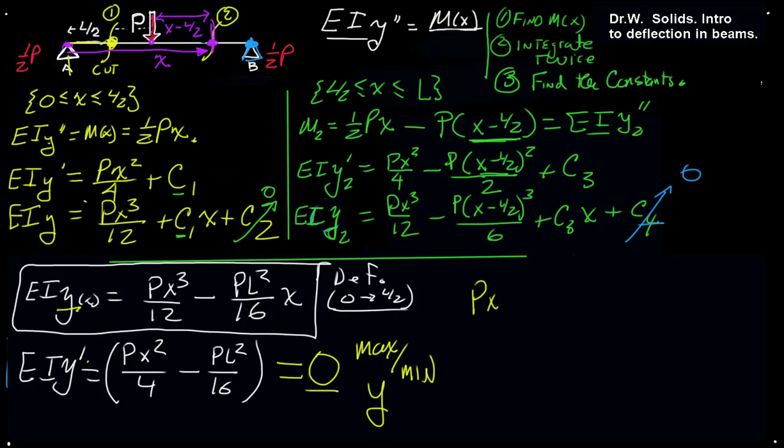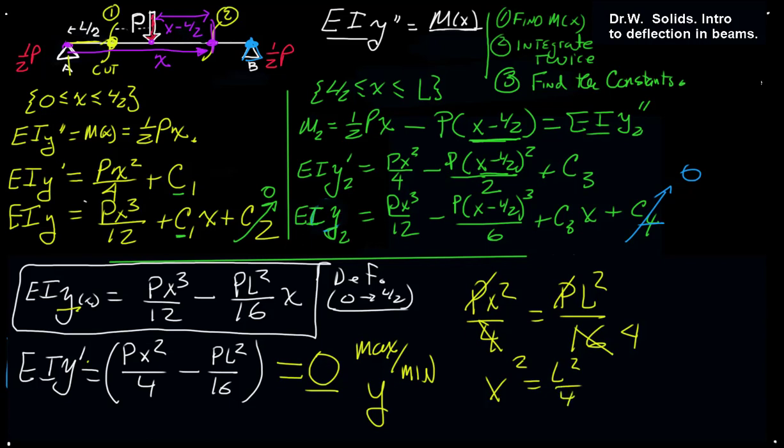So we get Px squared over 4 will equal PL squared over 16. And we see that it's not a function of the load itself. So we get x squared is equal to L squared over 4. Taking the square root of both sides, we'll get L on 2, so our guess was correct.